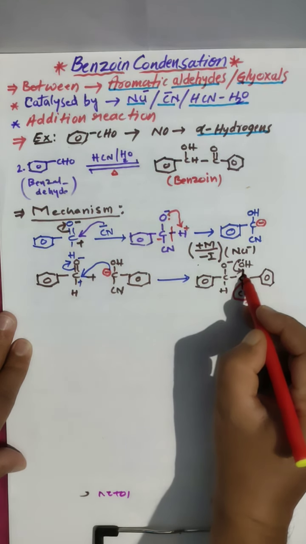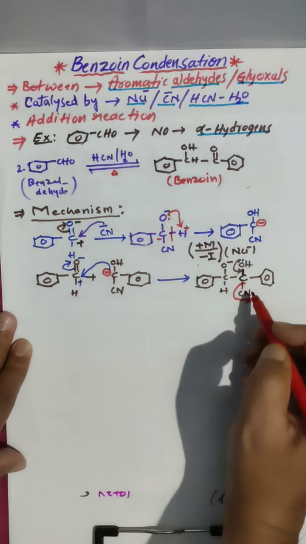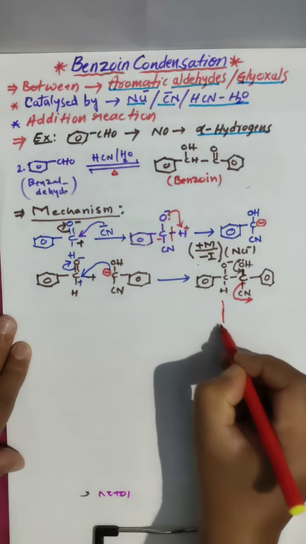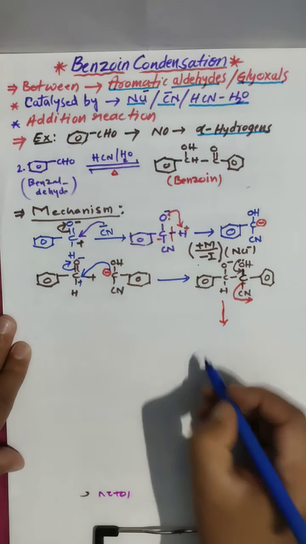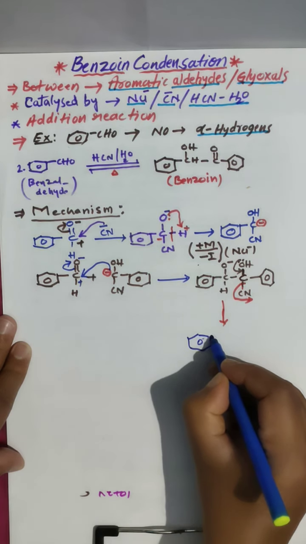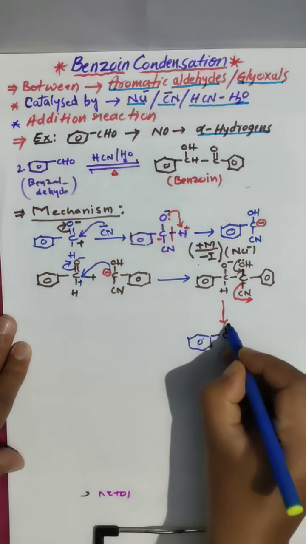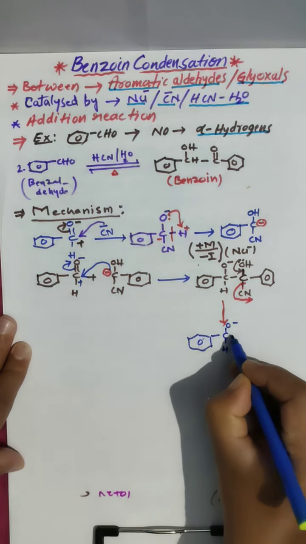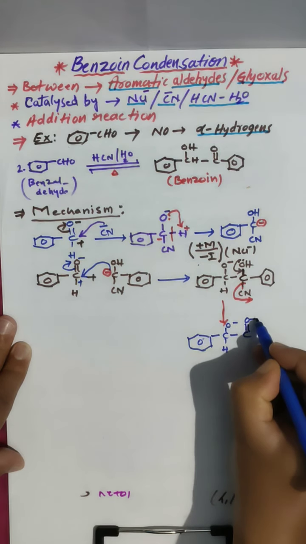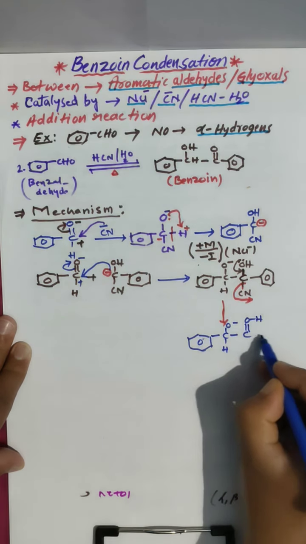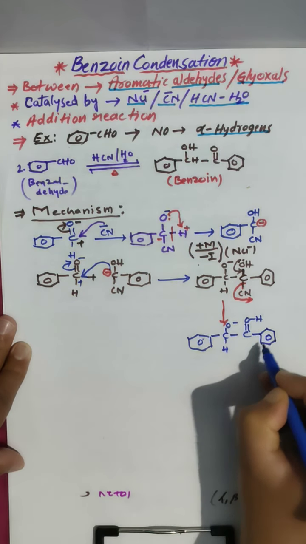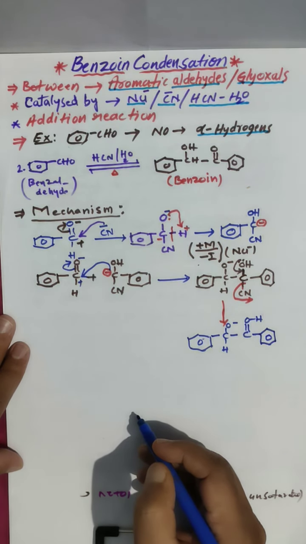That's why it will immediately give a lone pair to this carbon and oxygen bond. Then you get the intermediate product like this. Phenyl ring, we have here C, OH bond, C, and here O double bond, and cyanide gone, bond benzene ring.